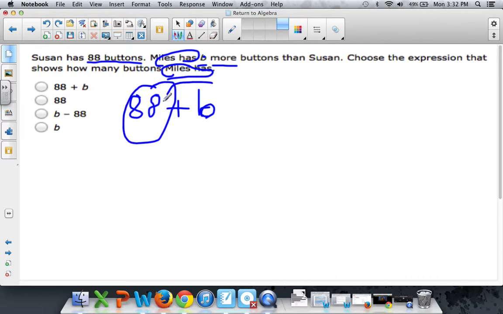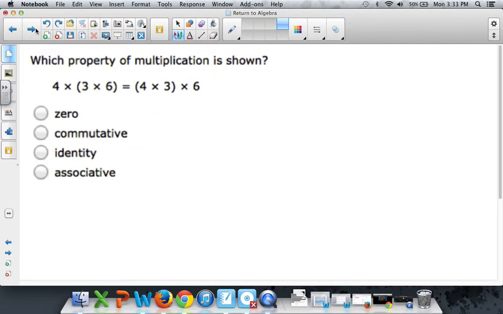Miles has B more, plus B. And you see that represented right there. So when you get problems like this, don't freak out. Just read the sentences and try to figure out what they're trying to tell you. B more? That's plus B. Plus B to what? To that 88 that Susan had. Booyaka. Read it slow, read it carefully, and underline important pieces of information. I bet you do better than you think if you're struggling with this.